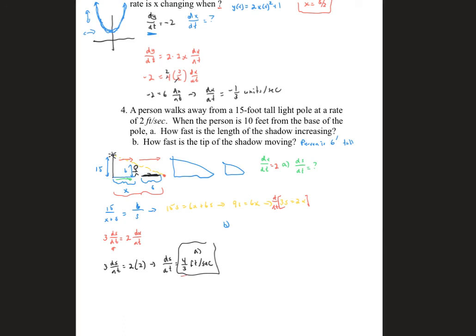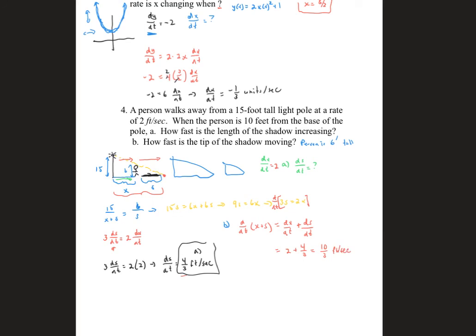So the rate of change of the tip of the shadow is going to be the derivative of that x plus s distance. That is, it's going to be dx/dt, how fast the person is walking away from the pole, plus ds/dt, the rate at which the shadow is lengthening. And so we have that that's going to be 2 plus 4/3, which we can call 10/3, and that also is going to be in feet per second.